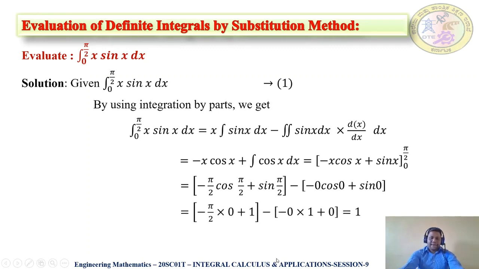If you simplify, minus pi by 2 into cos 90 is 0, so we take 0. Sin 90 is 1, so we take 1. Cos 0 is 1, but 1 into 0 is 0. Sin 0 is 0. So this value becomes 0, this value becomes 0, this value becomes 0. Finally, it remains with 1 and that is the required solution. Integration from 0 to pi by 2 of x sin x dx is equal to 1.